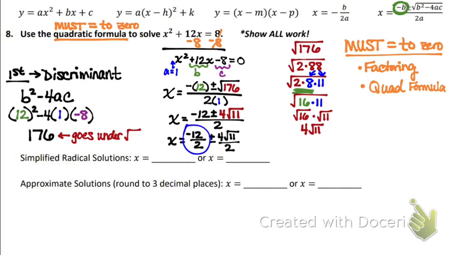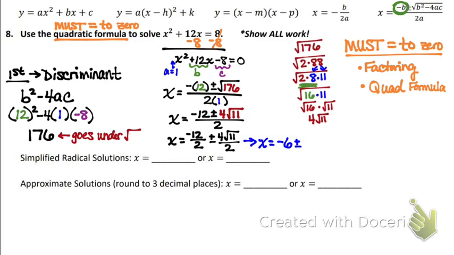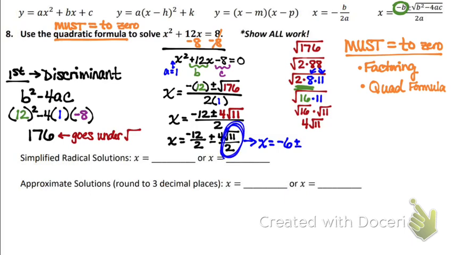Can you tell me what -12 divided by 2 is? -6. Plus or minus, is the 11 outside of the square root? No. Are these 2 pieces both under square roots?